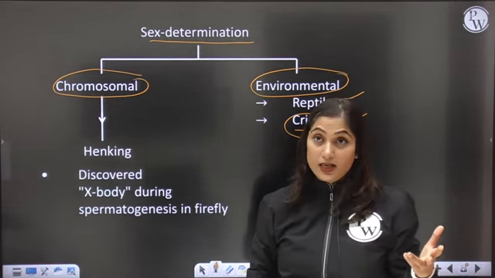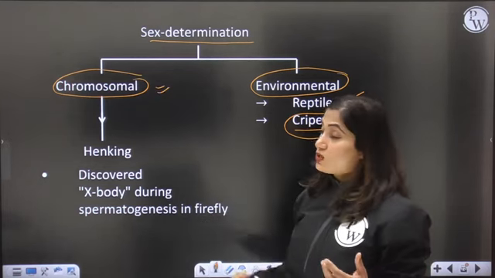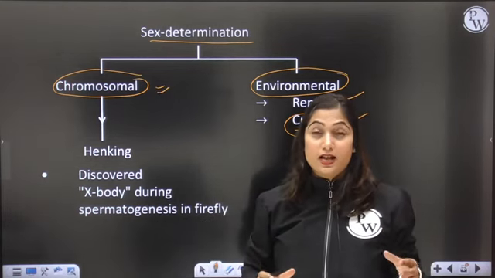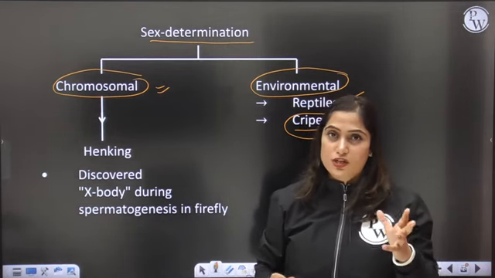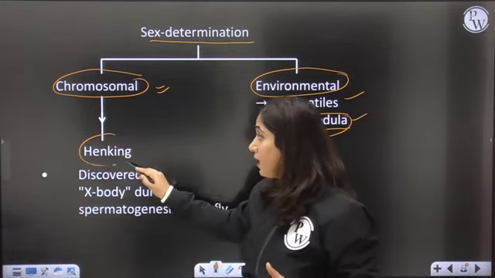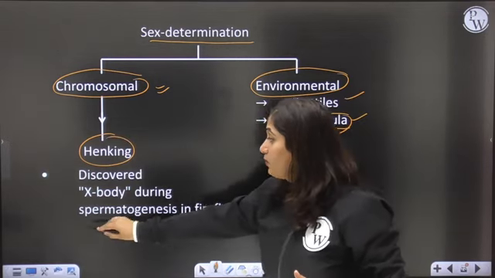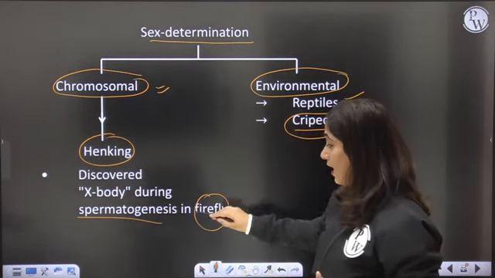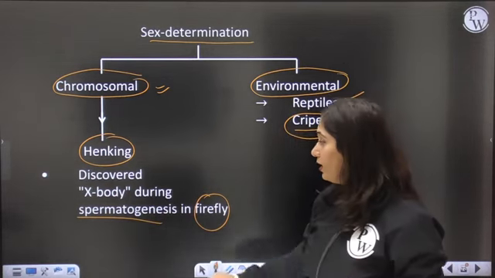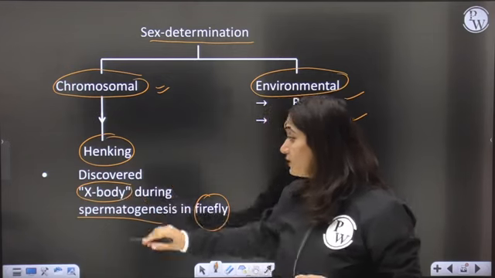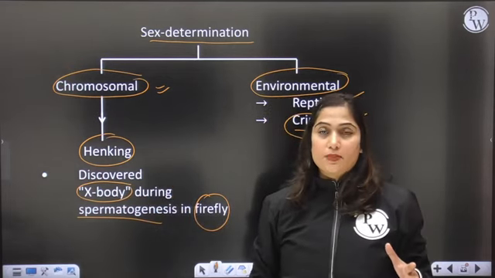Chromosomal basis of sex determination says that there are certain chromosomes which decide the sex of the progeny, and that was first told by Henking. Henking was studying spermatogenesis in firefly, and during his studies he discovered some bodies called X bodies, and today we call them X chromosome.